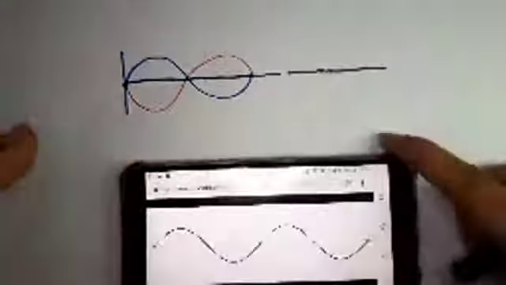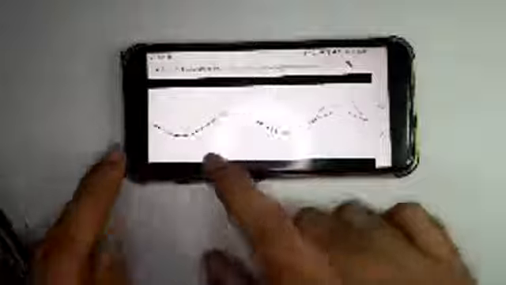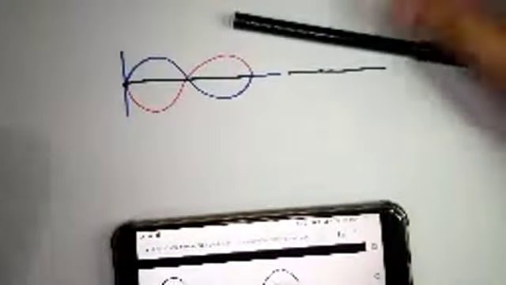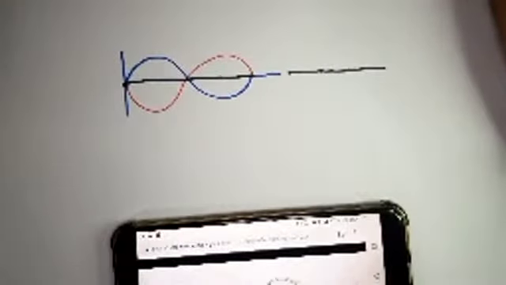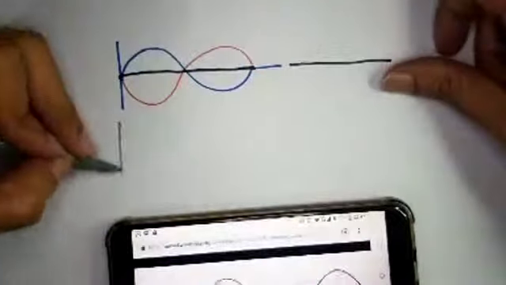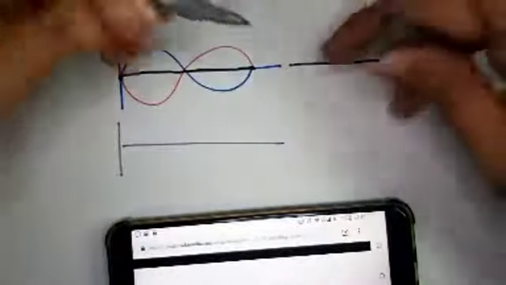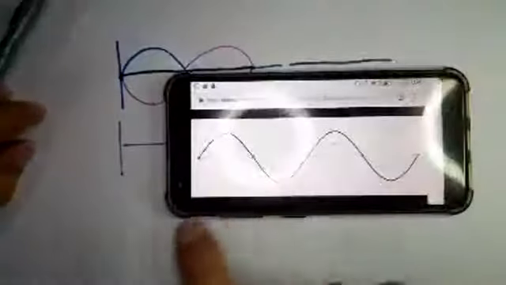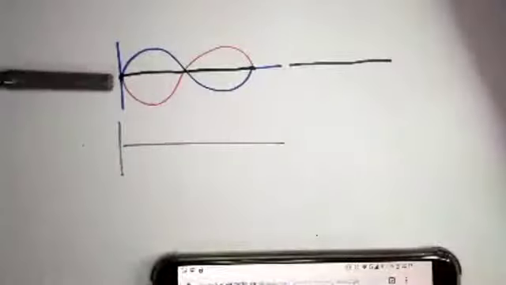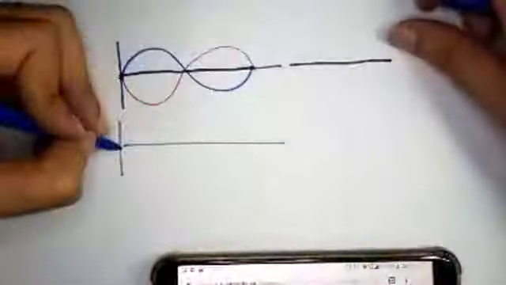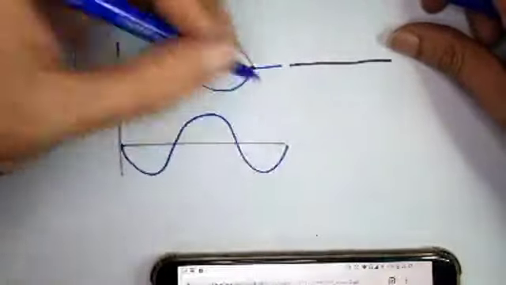That's one scenario. In the next scenario, the blue one is moving this way and the red one is moving this way. We can draw that too, using gray this time. Again, the blue one's moving to the right, so a little more of the wave goes along.